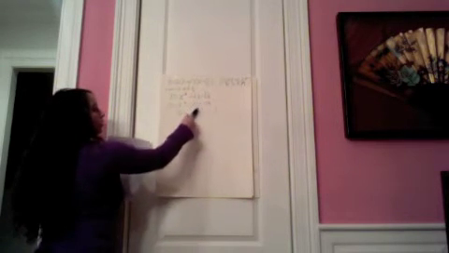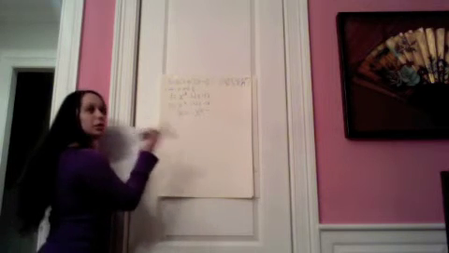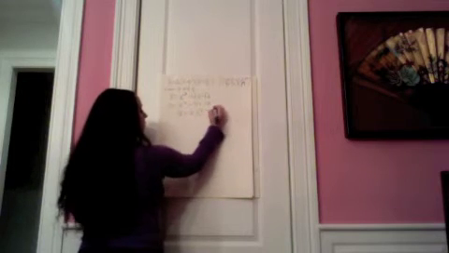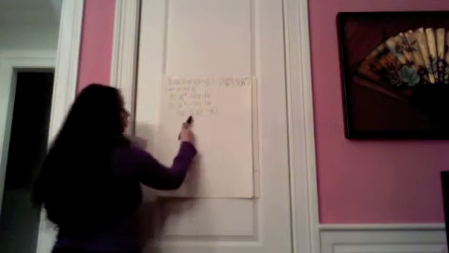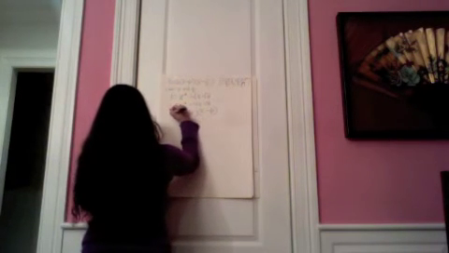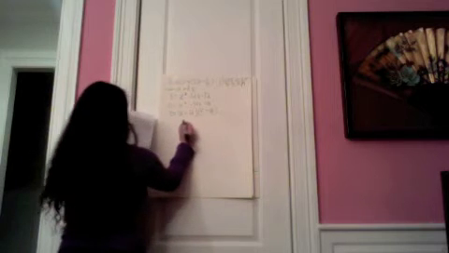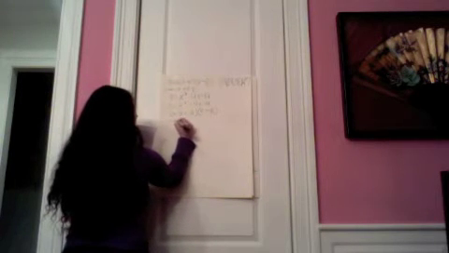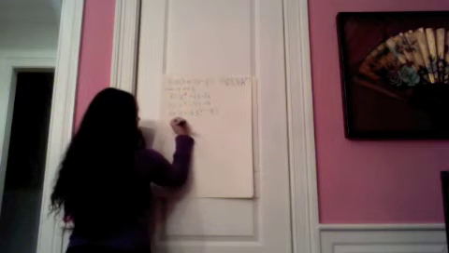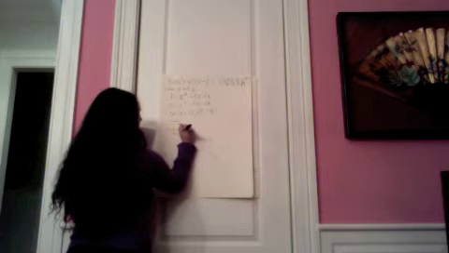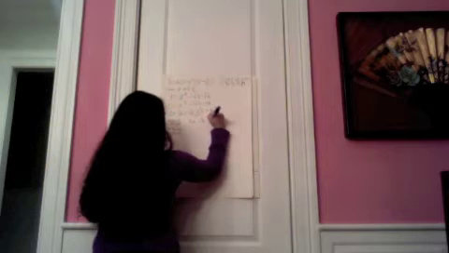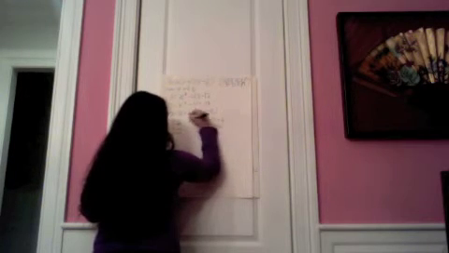What times what would give us 12? We can try 6 and 2, and this would be positive 2, and this would be negative 6, because 2 minus 6 would give us negative 4. So equals 0, and so if we said x plus 2 equals 0 and x minus 6 equals 0, we would get x equals negative 2 and x equals 6. So we know x equals negative 2 and x equals 6 are our x-intercepts.